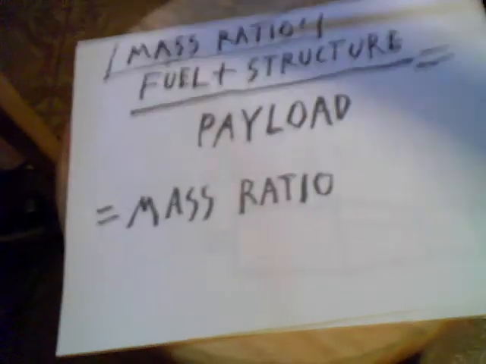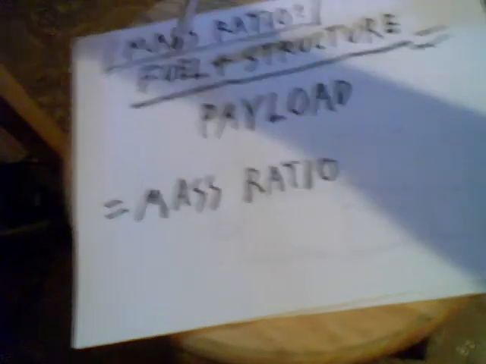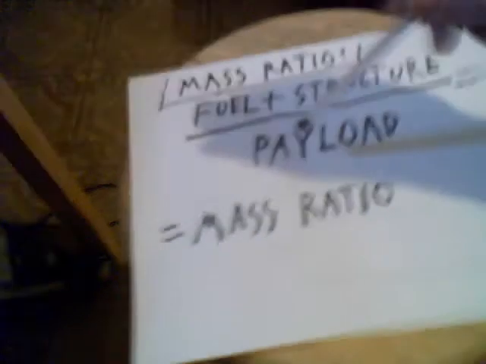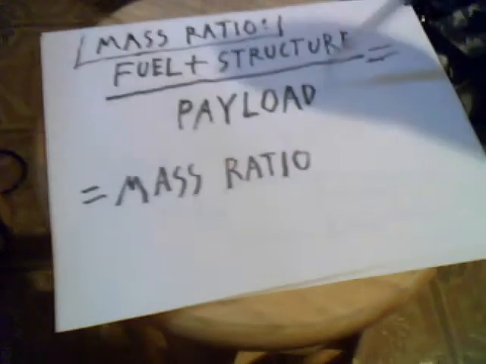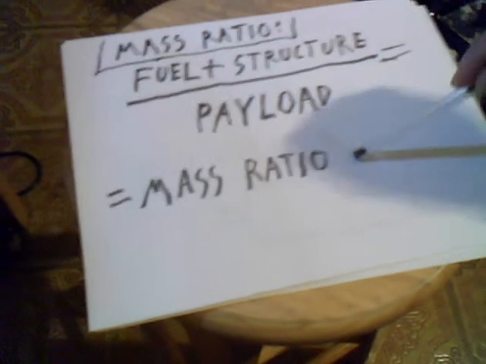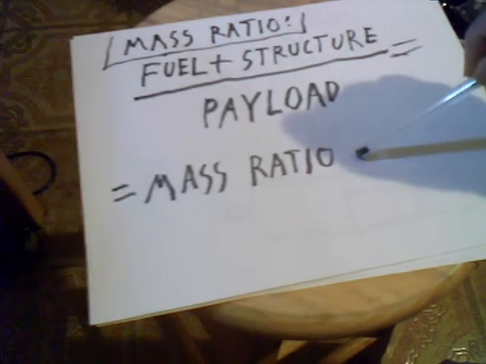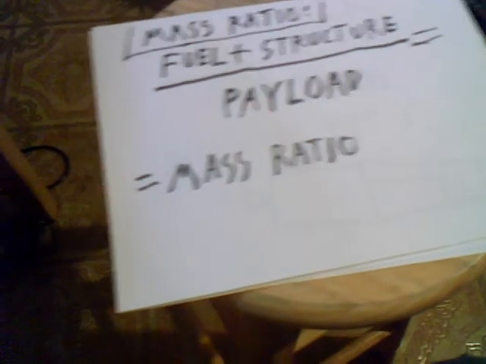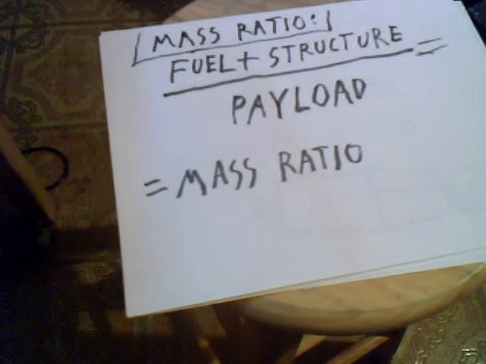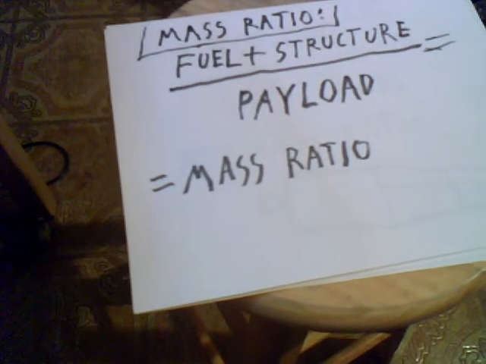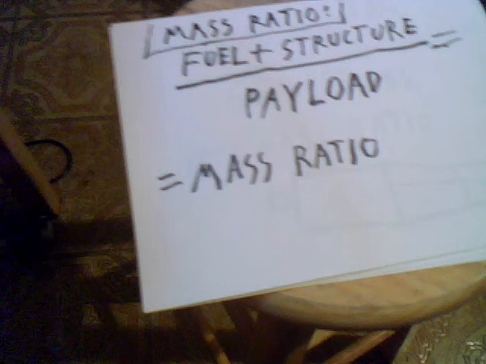This is called mass ratio. Fuel plus the structure divided by the payload equals the mass ratio. Now, the mass ratio is what we use all the time. Think about it this way. You need fuel. That's what's in your body.